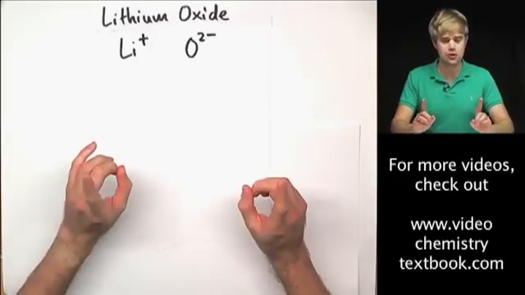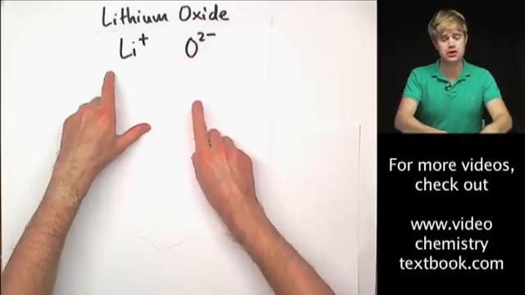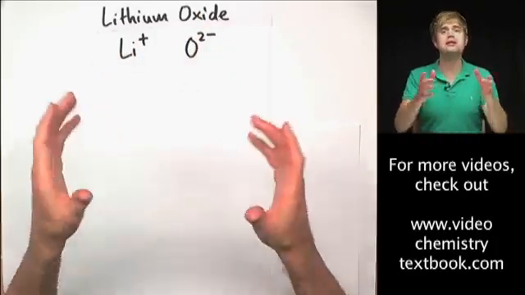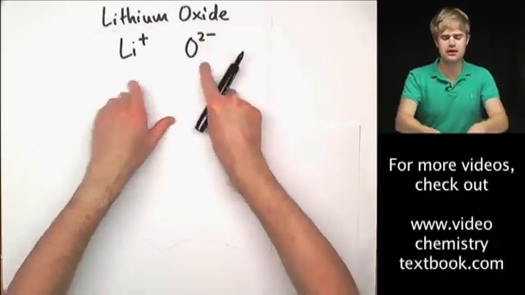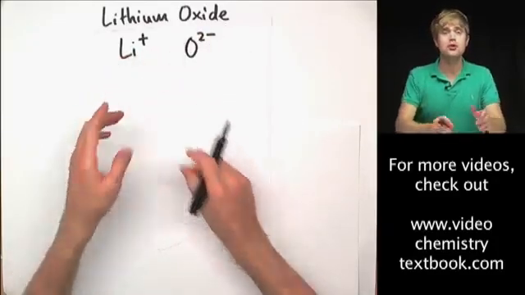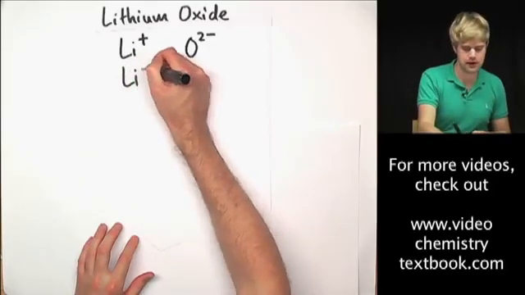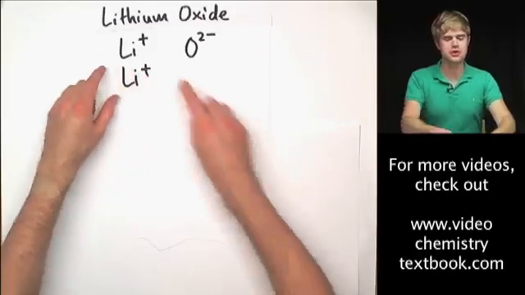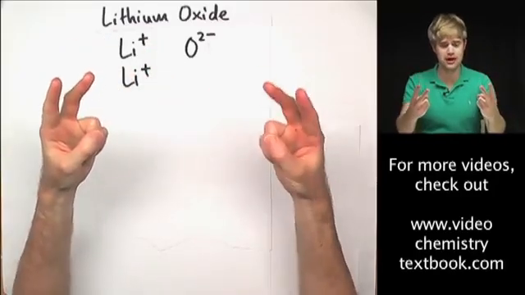So what I can do is I can add more lithium atoms, I can add more oxygen atoms, or I can add both of them until I get the charges to balance out. I have 2- here and only 1+ here. So I'm going to add another lithium atom, Li+, so that now I have 2 positive to balance out my 2 negative.